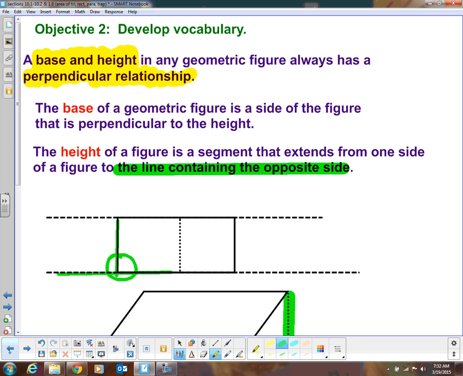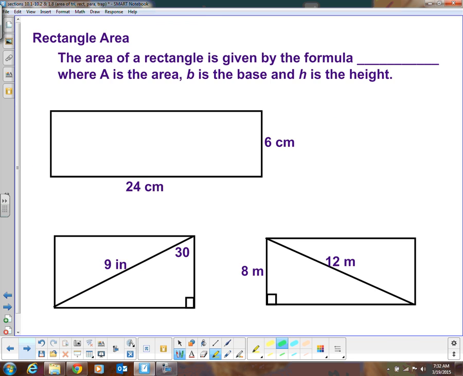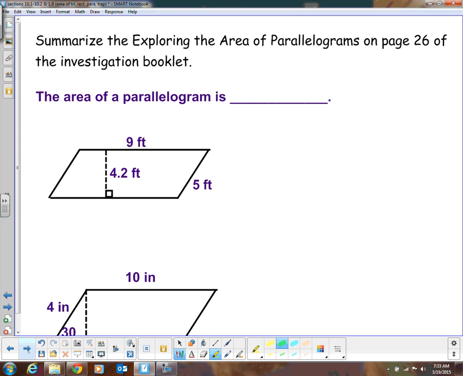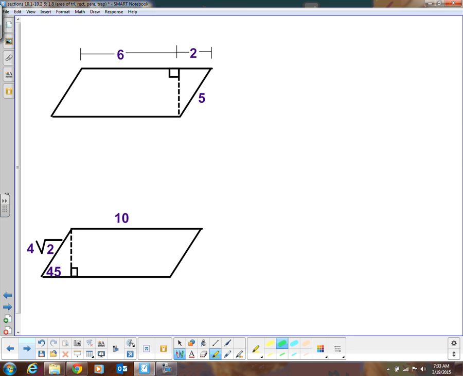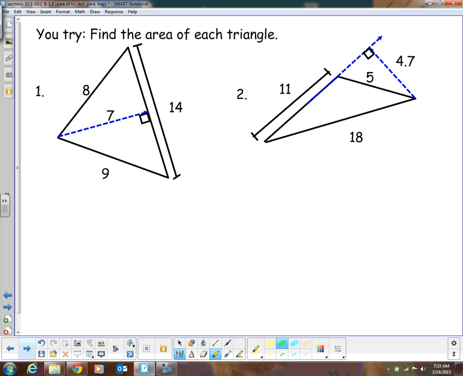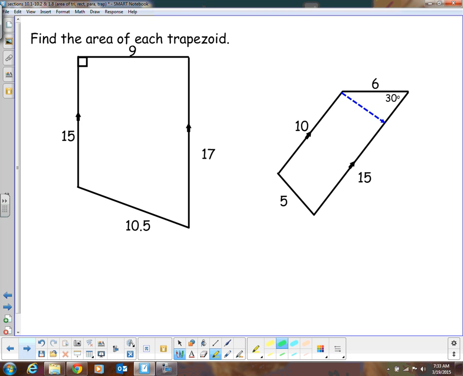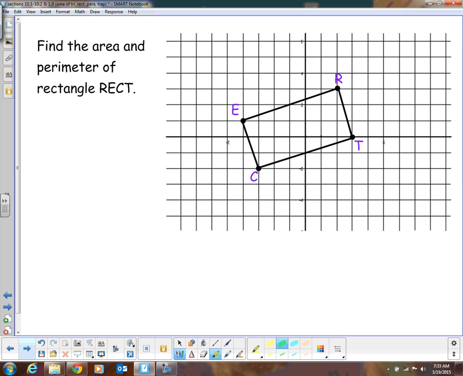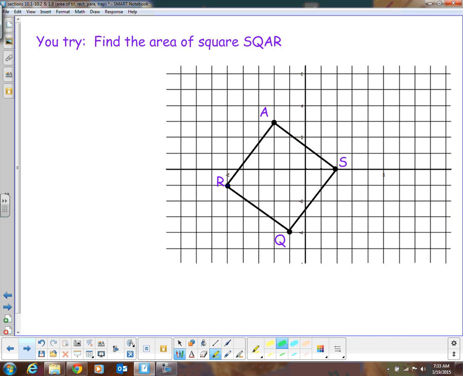So what we're going to do, and I don't know how much I have to do today, but I really wanted to do these explorations. So let me look at my notes. We're going to do rectangle, parallelogram, area of a triangle, area of a trapezoid, and then we're going to do it on the coordinate plane.